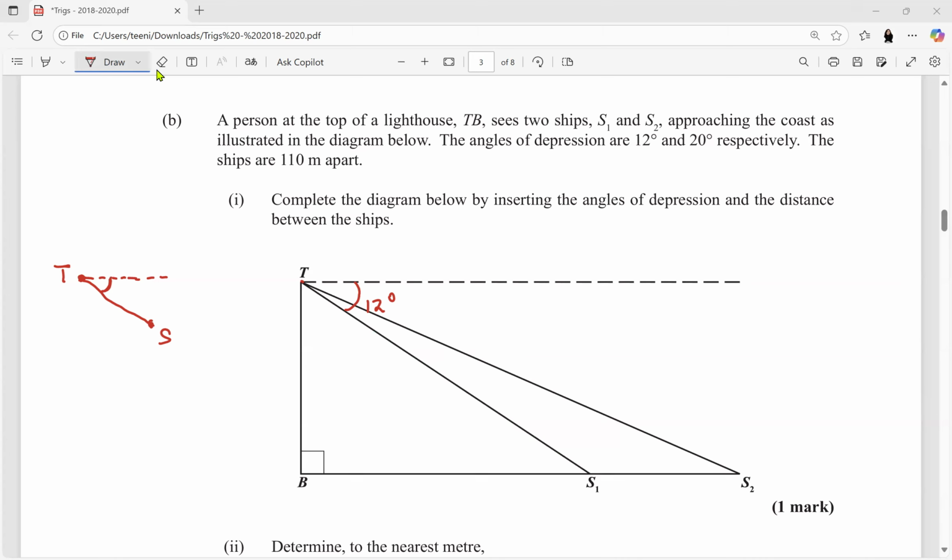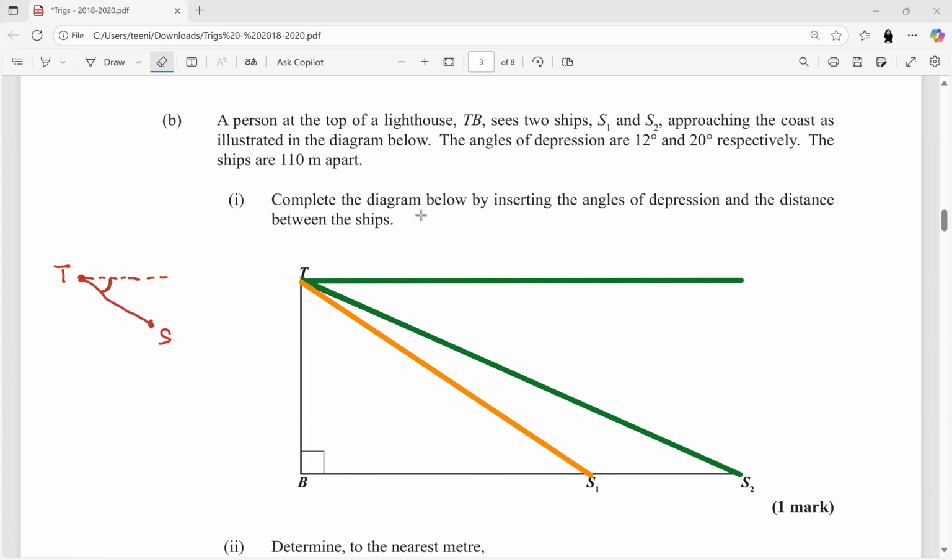I hate when CXC does this. But anyway, let me show you again. So the angle of depression between T and S2 would be this angle here, right? And then the angle of depression between S1 from T would be, well, that green line, the horizontal, and this one over here.